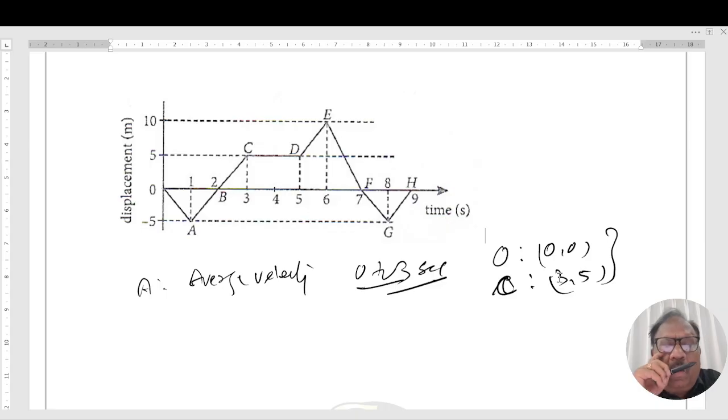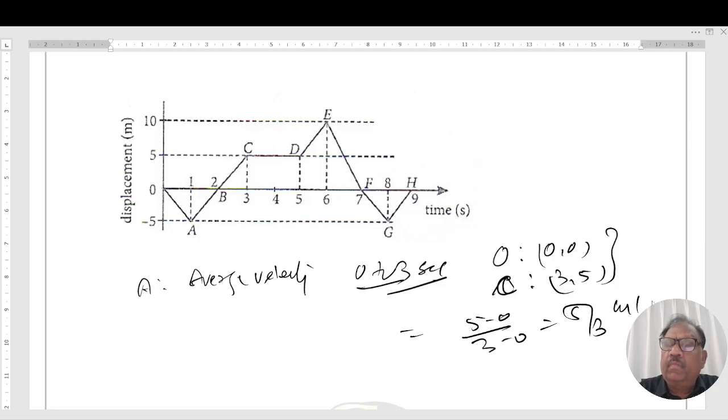So average velocity is displacement over time, 5 minus 0 divided by 3 minus 0, that is 5 by 3 meter per second.